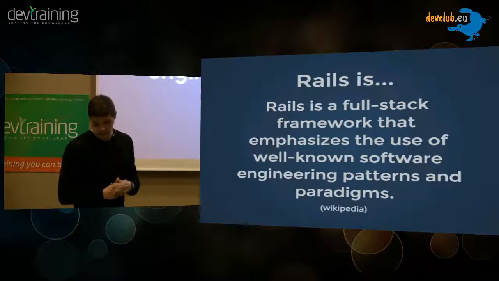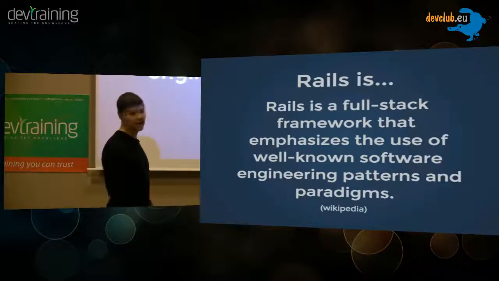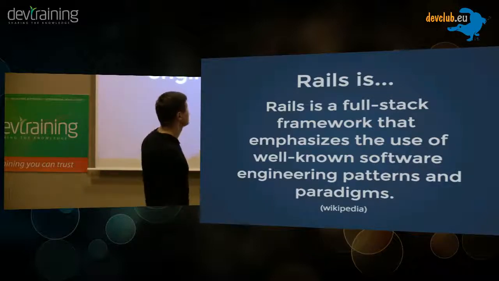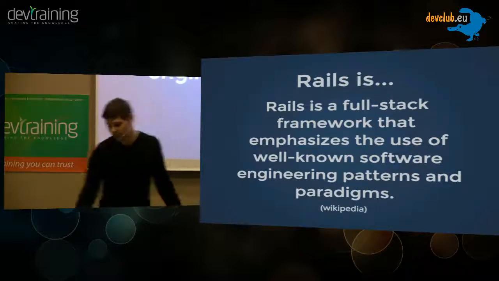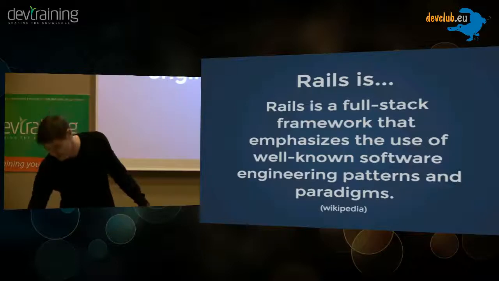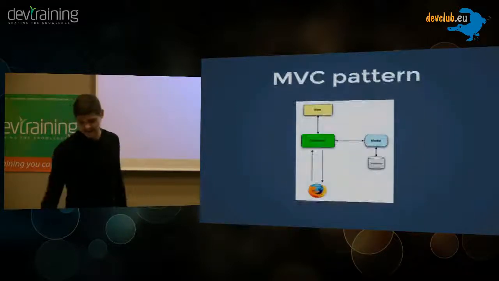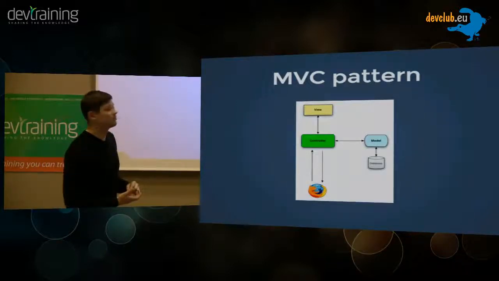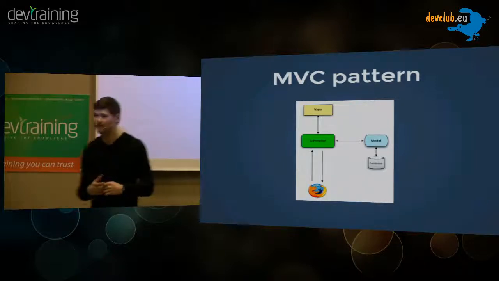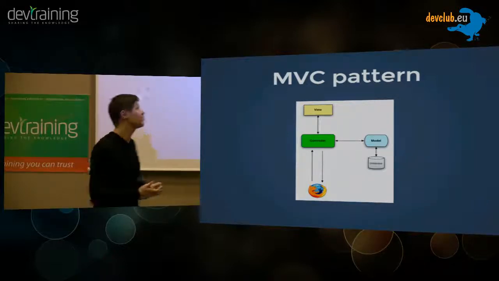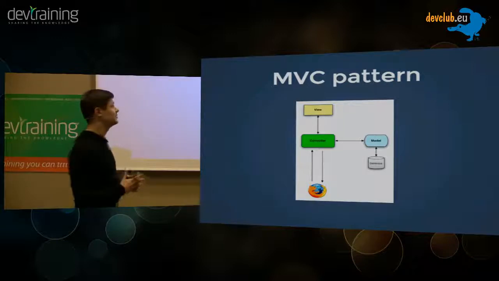And well, Rails uses the MVC architectural pattern, and I guess most of you know about MVC. So if you don't know, don't worry, I will briefly explain it to you.